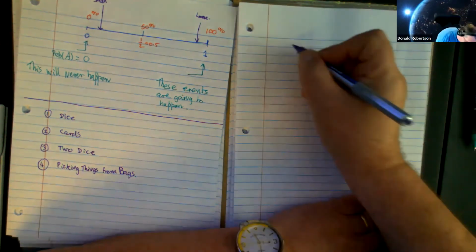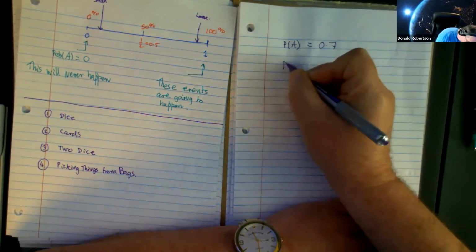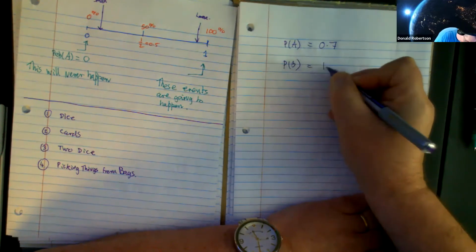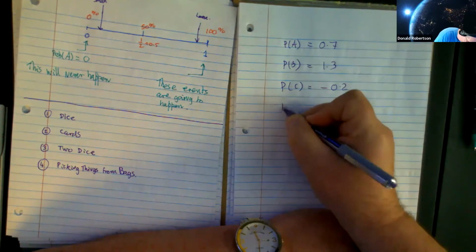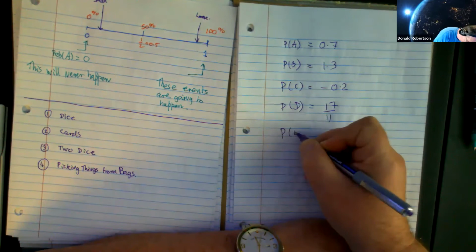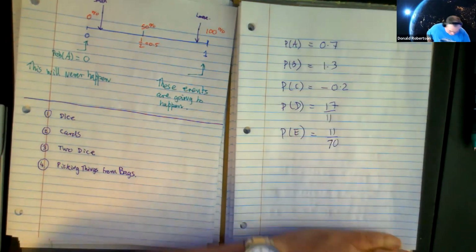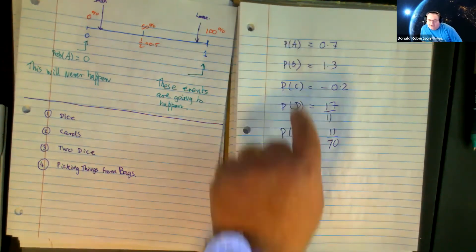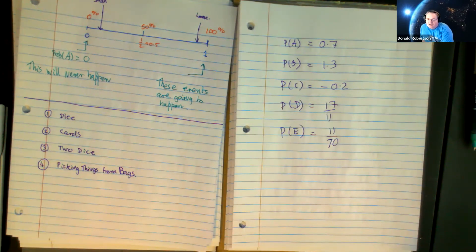Right. So here's a side question. Here are 5 events called A, B, C, D, and E. Which one of those are actually possible to get as a probability?